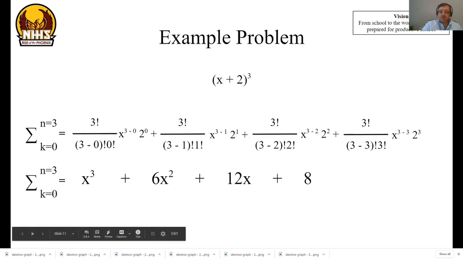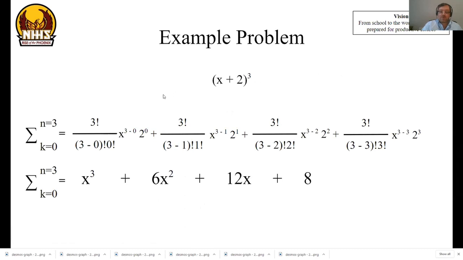So if I use that formula, what I have to do is start off. Let me annotate here. Let me get my pen out. I have to start out with, this is the highest exponent right here. You see n equals 3. That's where I'm starting. Okay, so k equals 0.